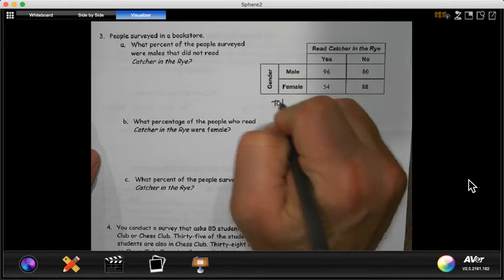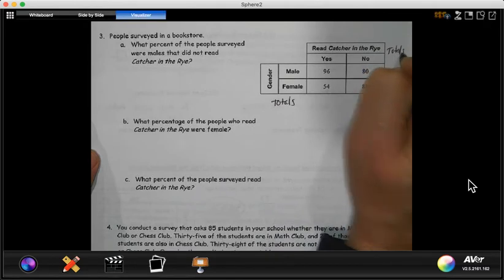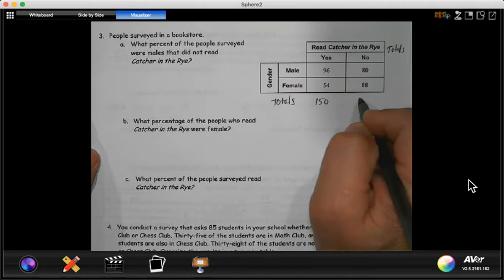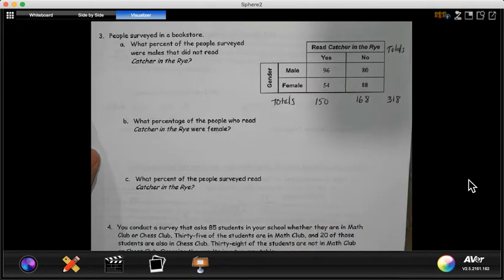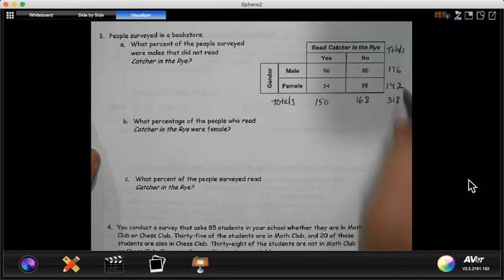It's called the marginals. 150 here, 168 there, so 318 surveyed total, and 176 there, and 142 here. Yeah, that looks about right.